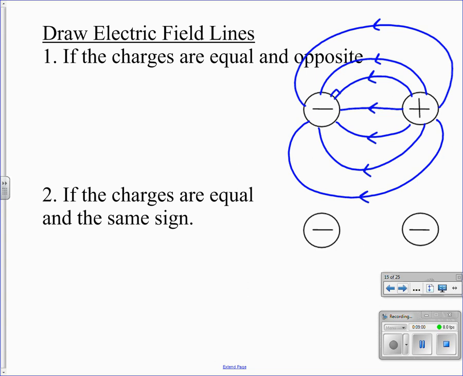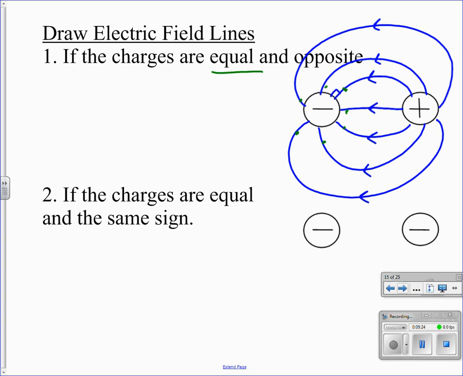All of those field lines are curved. All of them go out of the positive and into the negative. If I count the field lines around each object, 1, 2, 3, 4, 5, 6, 7, and there's 7 around the other object as well, that indicates that the charges are equal in strength.